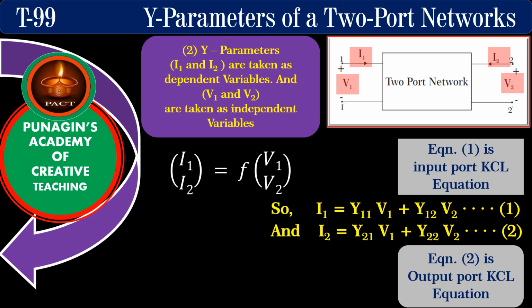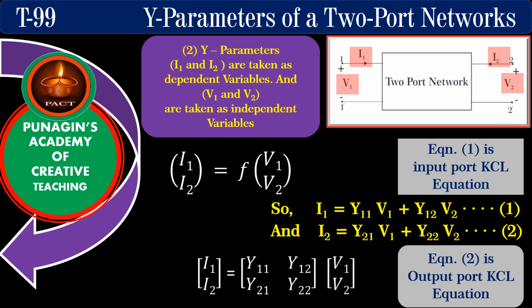Now, these equations 1 and 2 can be written in the matrix form, and this 2 by 2 matrix is called the Y parameter matrix, and we shall see how to find these parameters when we study the Y parameters in detail in the next tutorial.